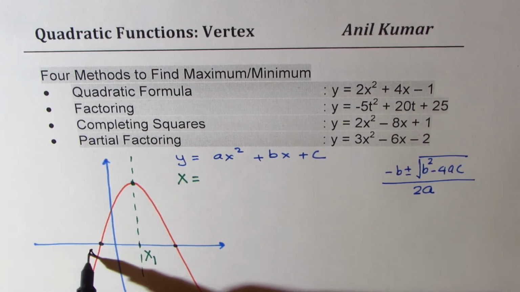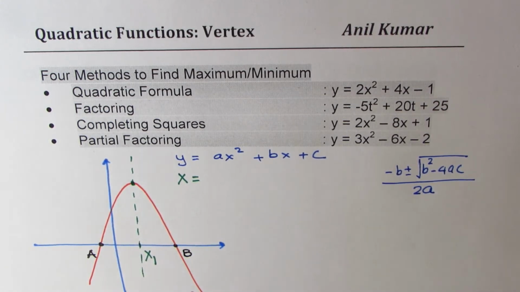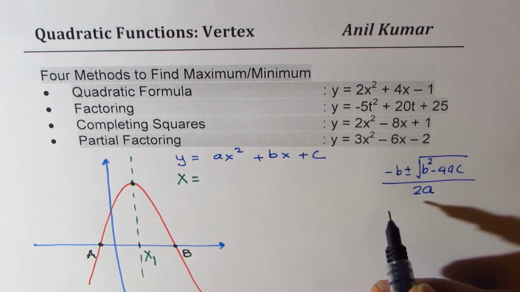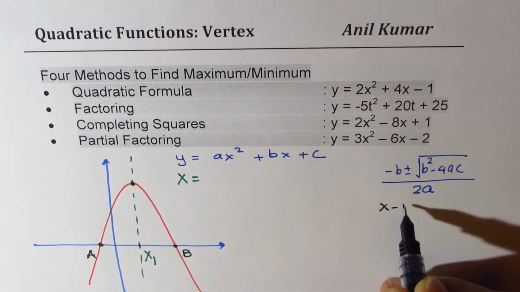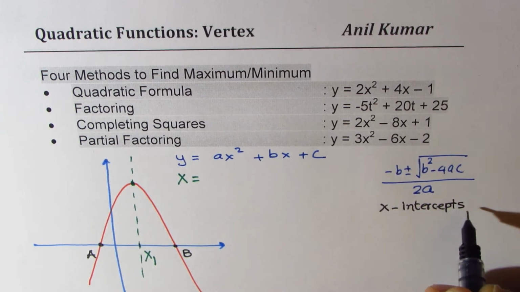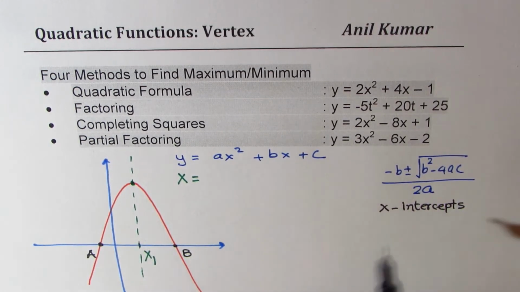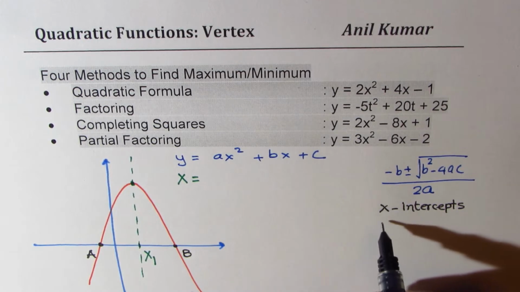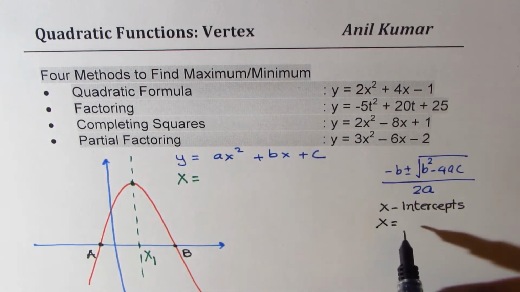Let's call them capital A and capital B. These are the two x-intercepts, as shown here. So the value of x could be found in many different ways.